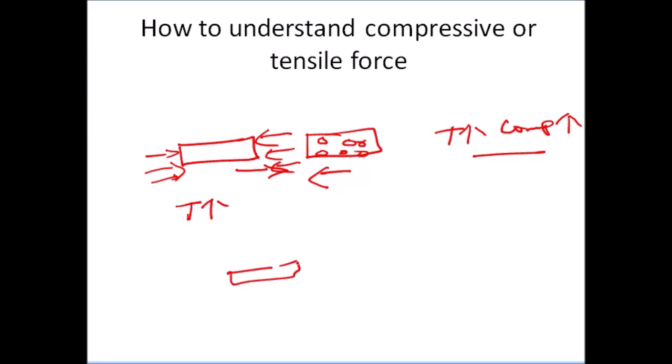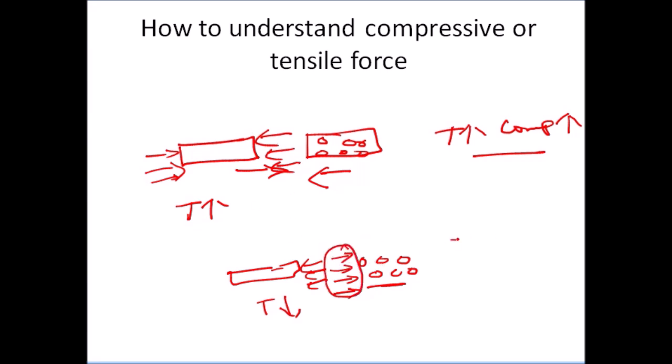Now suppose you have a track like this and a longitudinal ballast like this. When temperature falls, the track wants to contract, but the longitudinal ballast resistance won't allow it to contract, so it will start applying this tensile force.